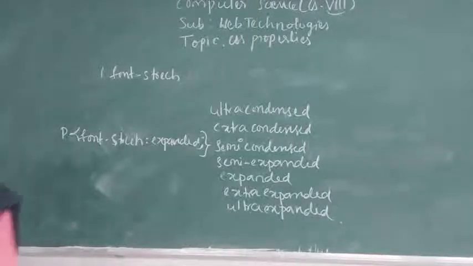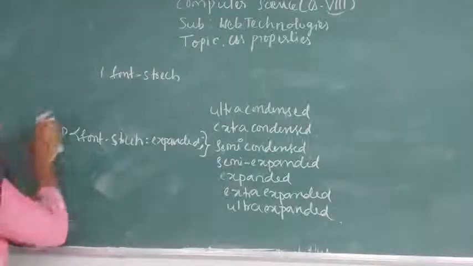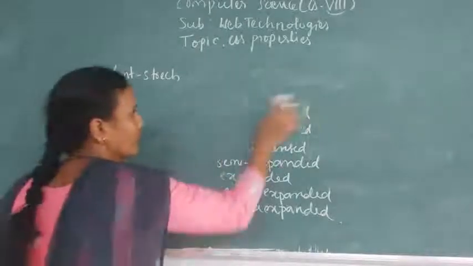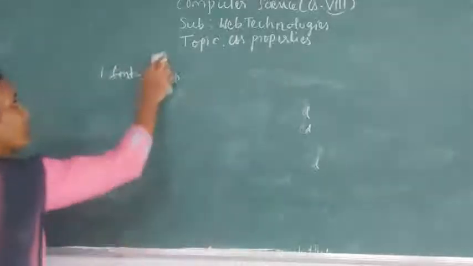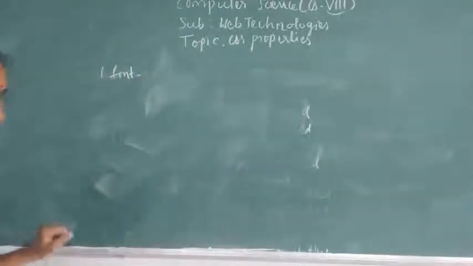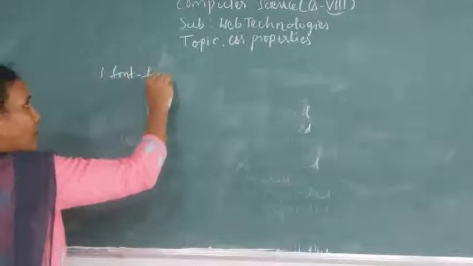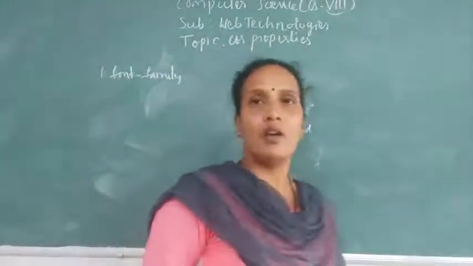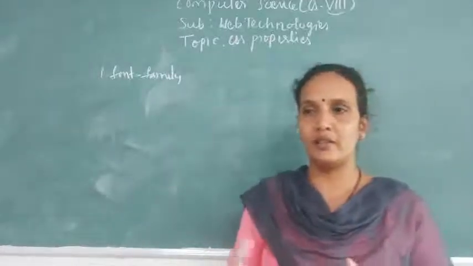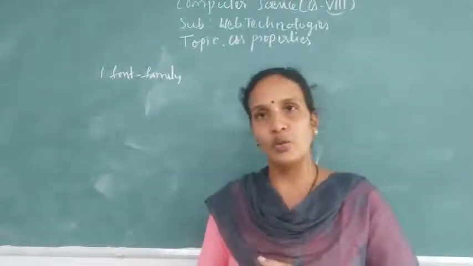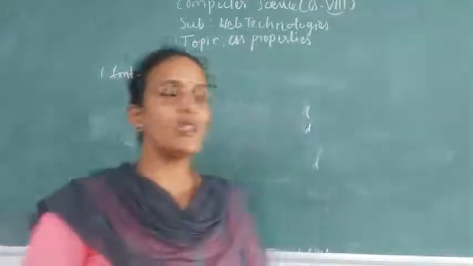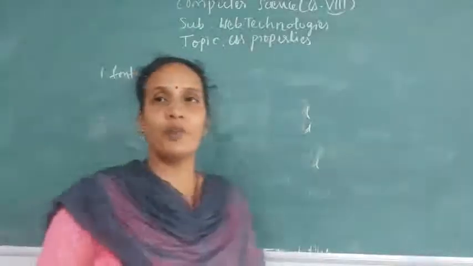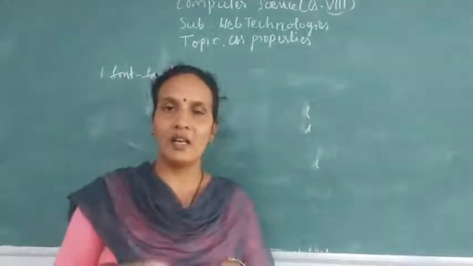Now, one more property, font family. Fonts can be categorized into two families: one is general, and the second one is particular. In the general one, a group of fonts are combined together.